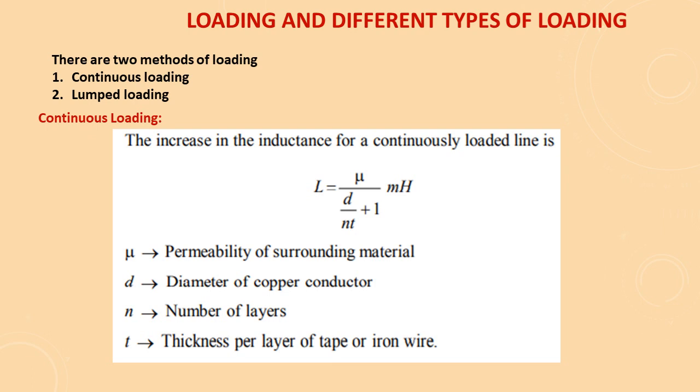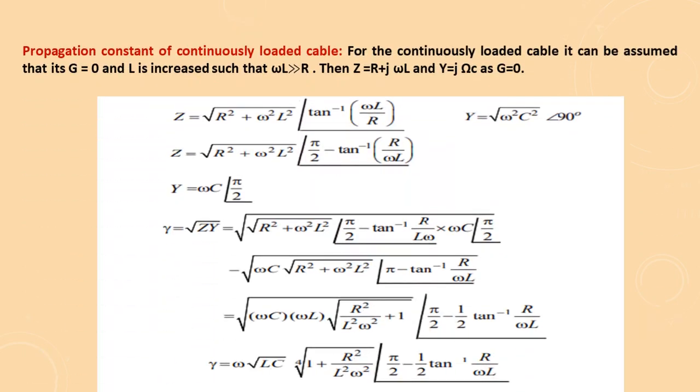So the inductance L will be like mu by d into n t plus 1, where mu is the permeability of the material being used for winding, d is the diameter of the copper conductor, n is the number of layers which we have wound, and t is the thickness of the layer of tape or the iron wire wound.